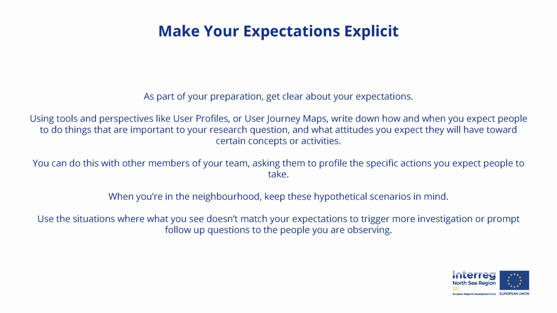So really the key summary point to take away from all of this is that successful observation is about making your expectations explicit. And indeed, successful qualitative research very much depends on anticipating and making explicit what you think you will find, and then comparing the results when you actually go out and do it with that.